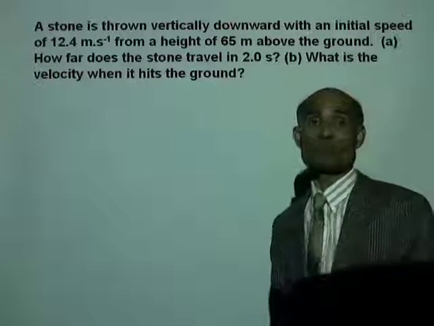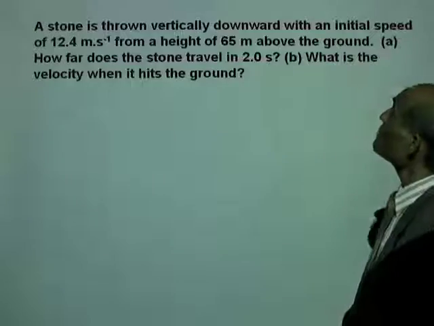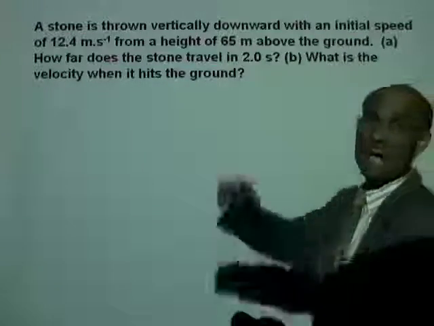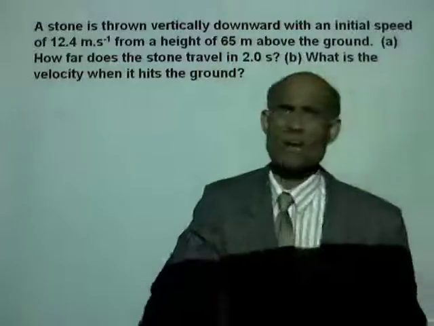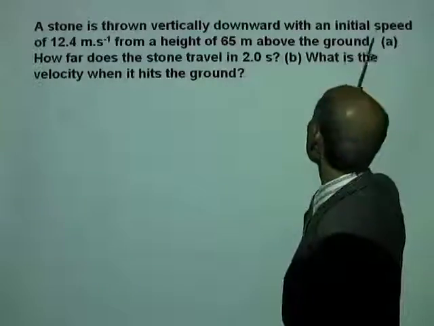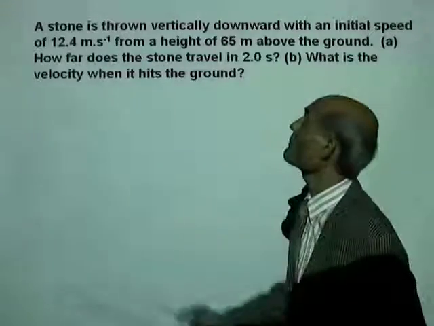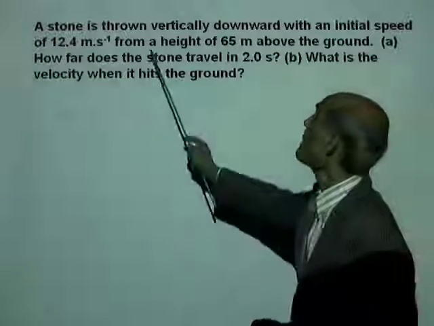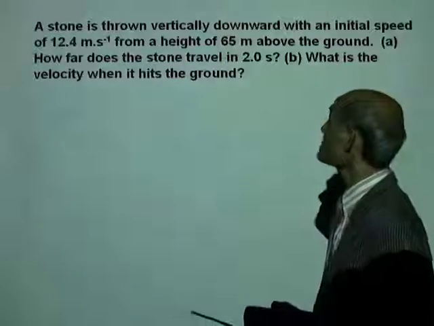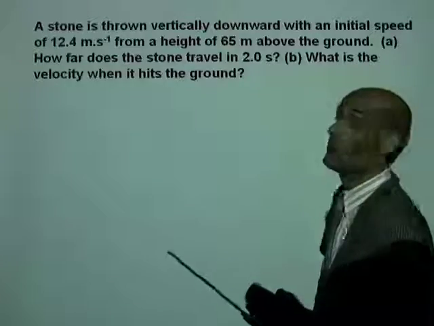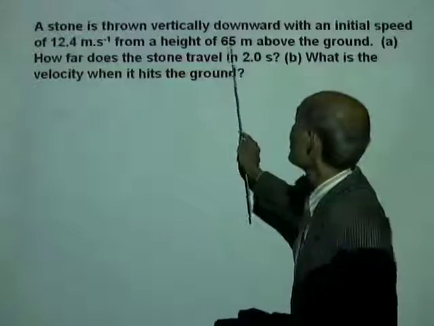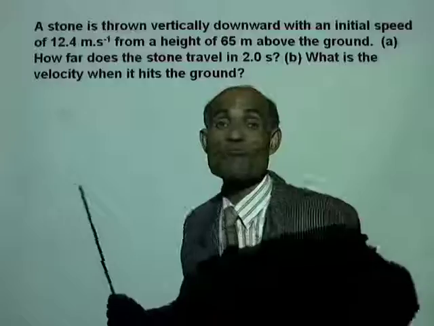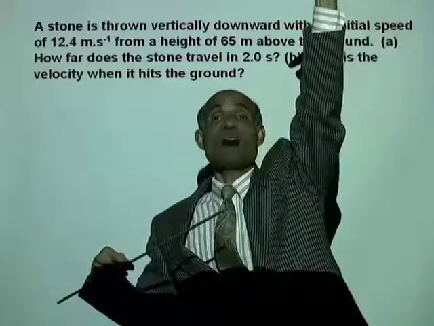Okay, another one. A stone is thrown vertically downward with an initial speed of 12.5 meters per second from a height of 65 meters above the ground. That means it is thrown from somewhere above the ground.